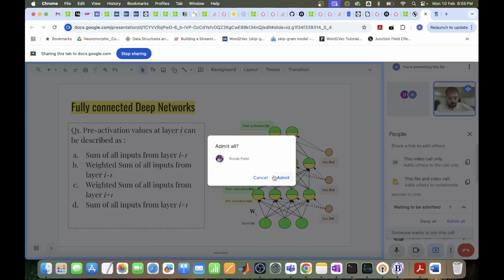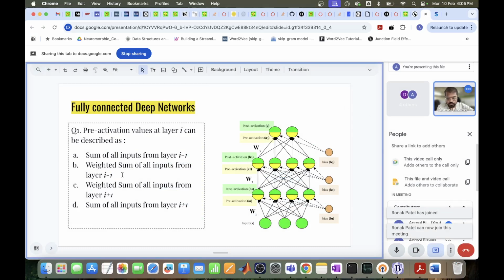And the question here is very simple. So the pre-activation layer values at layer I, how do you describe them is the question, right? Which should be very simple based on what you have seen in the course, as well as even this diagram is making itself evident what is happening.